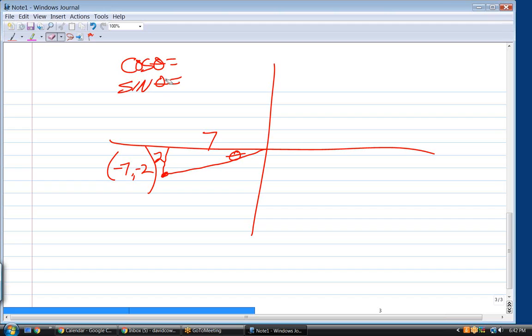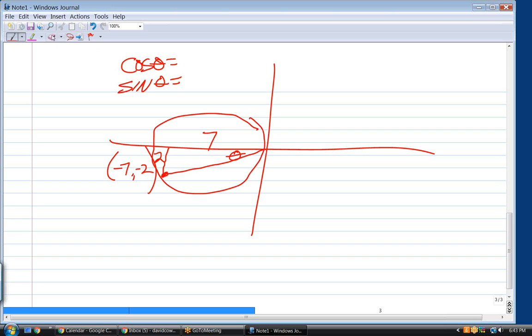Cosine is based on the x, so it's clearly negative here, and sine is based on the y, so it's also negative. What's the hypotenuse? You have to solve that triangle.